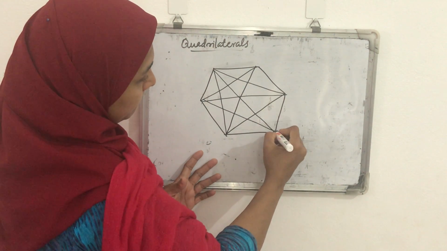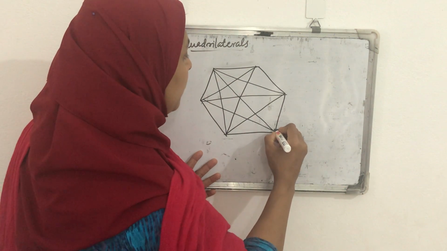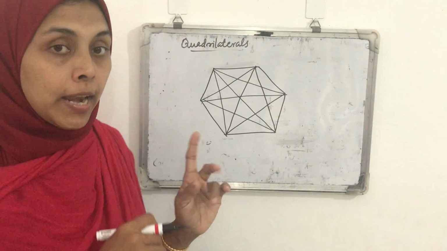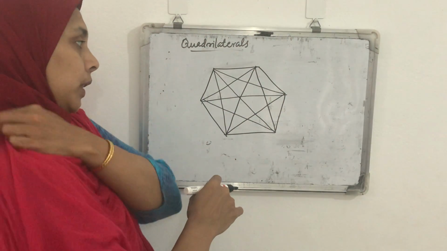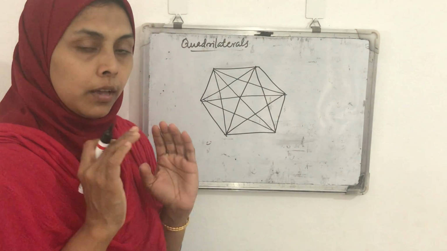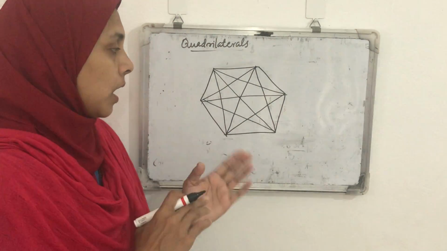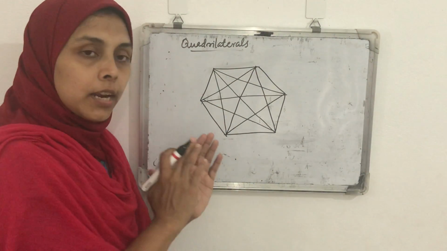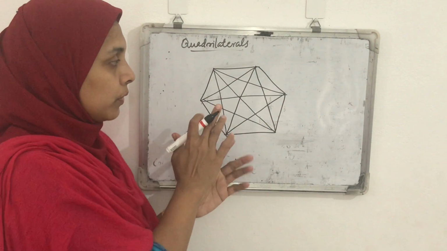Then from here also we can draw. In total, how many diagonals can we draw? 9 diagonals we can draw in the case of a regular hexagon. You just draw a regular hexagon and draw all the possible diagonals. Then at the end, when you count, it will be 9.